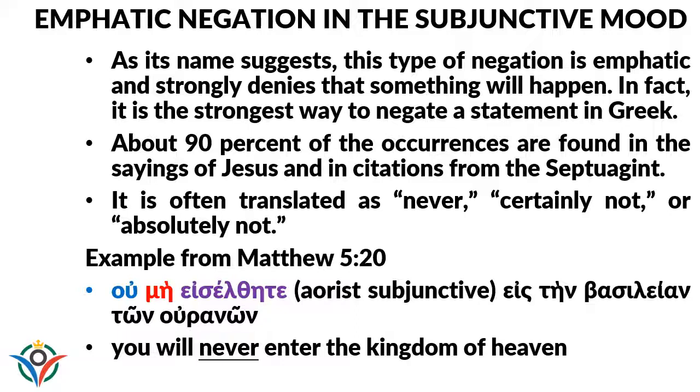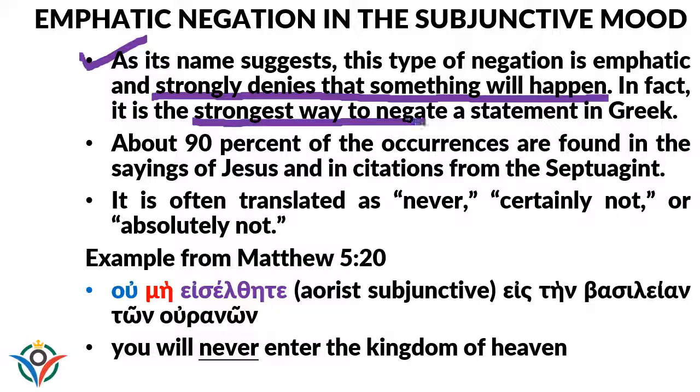All right, so as its name suggests, this type of negation is emphatic and strongly denies that something will happen. In fact, as I've said to you, it is the strongest way to negate a statement in Greek.